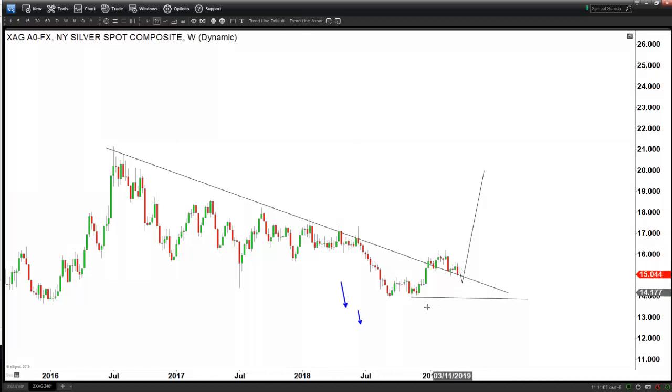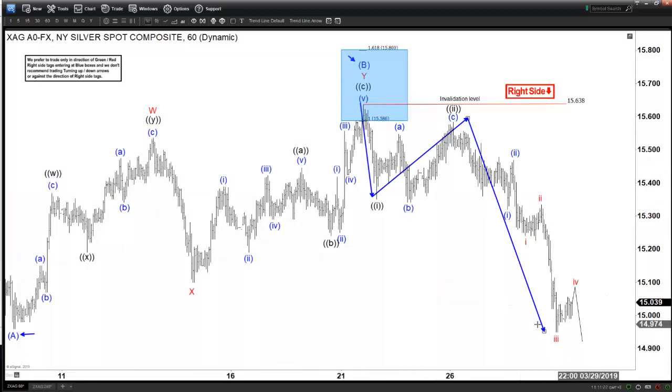Okay, so that means as far as staying above last year's low, and because it broke above this, you can argue that maybe silver can start to turn higher again after that. But so far, definitely the shorter cycle is under pressure right now, and we could see at least one more leg lower to finish a 5 waves down from here.